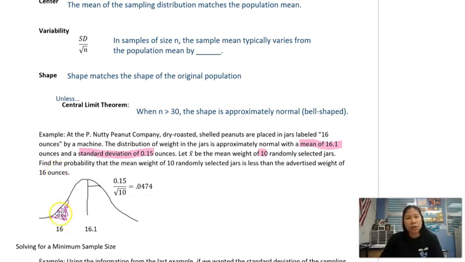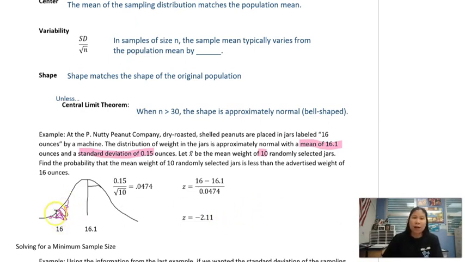All right, so here's the shaded portion I'm trying to find on the normal curve. So we do our z-scores and use the table to find our percentage. Plugging into my z-score formula, I have my value of 16 minus the mean of 16.1 divided by my new standard deviation of 0.0474. When I do that, I end up with negative 2.11. So now we're using that number to look in our table to find the percentage.